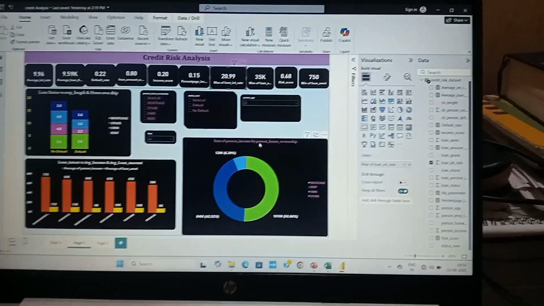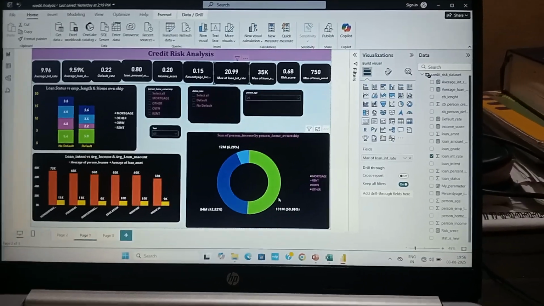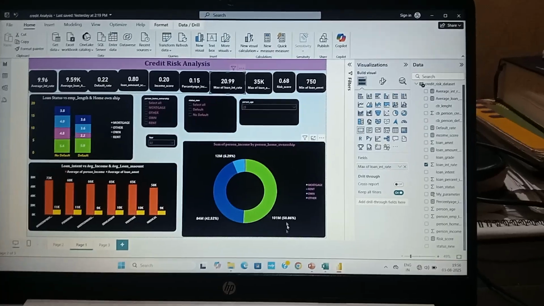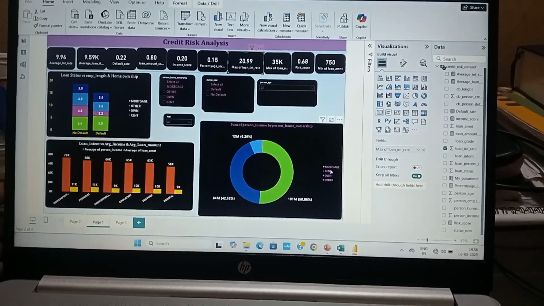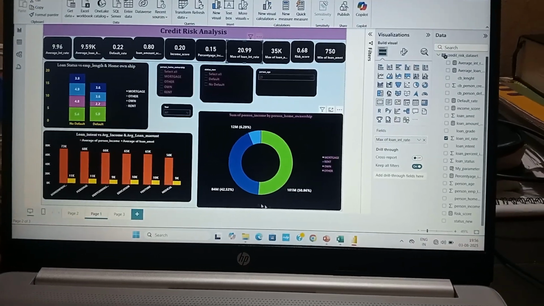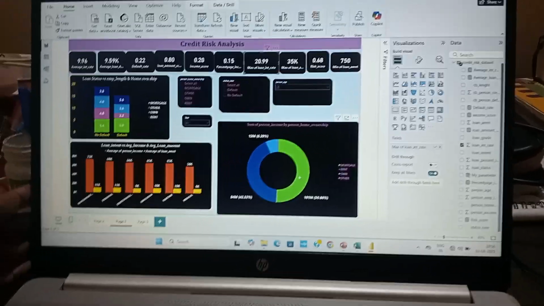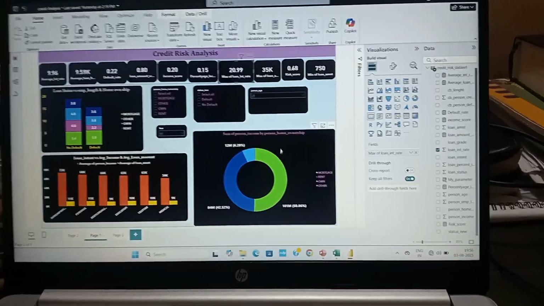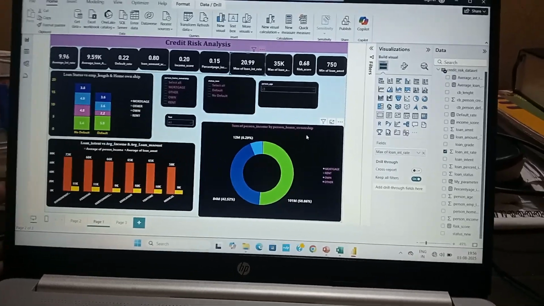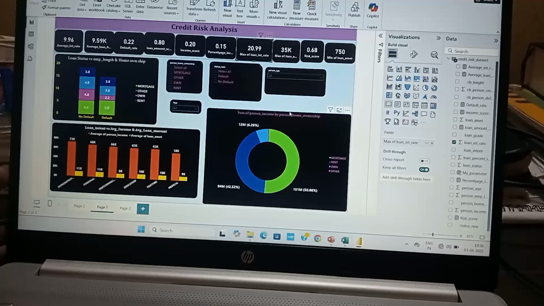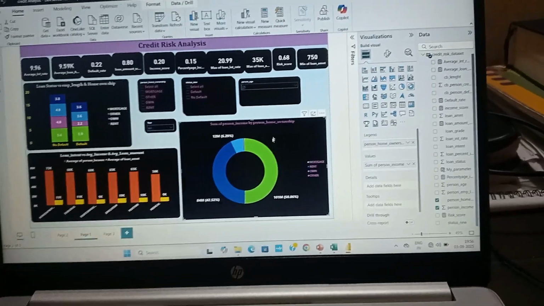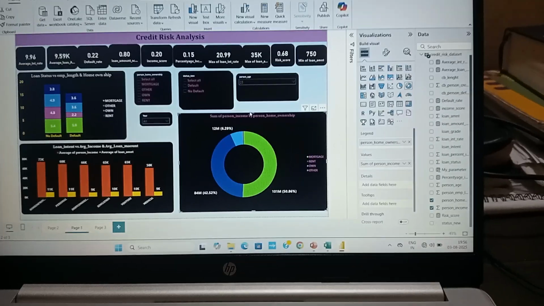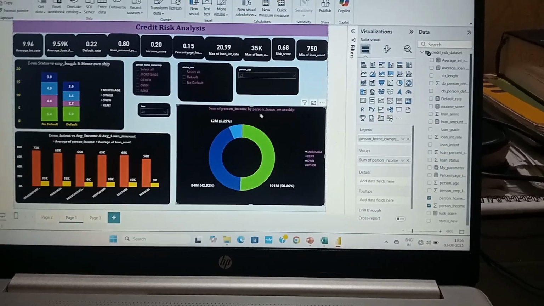When we come to the sum of person income by person home ownership, most of the people have a mortgage. These people continuously take loans, and we can see they put their own house in the loan.